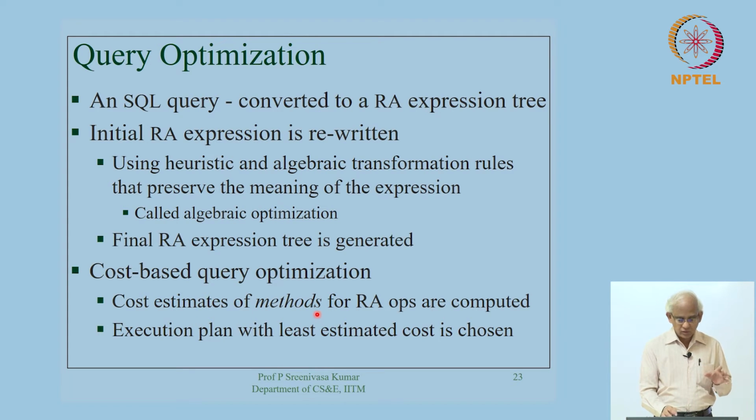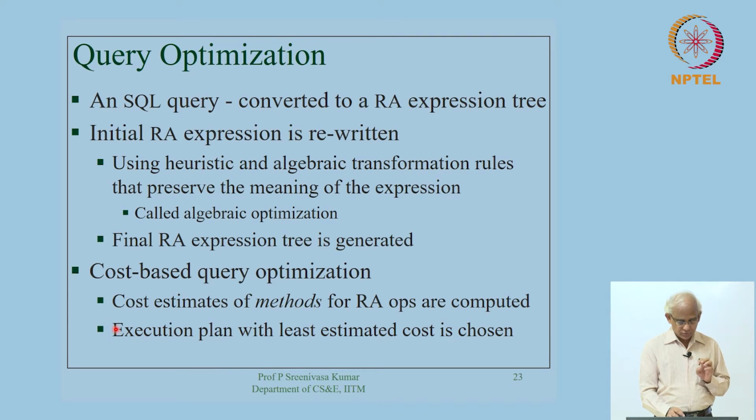So, taking all these things into consideration, we have to formulate that as an optimization problem and then try and get a minimal solution of choices of these methods for all of those operators in a combined manner.